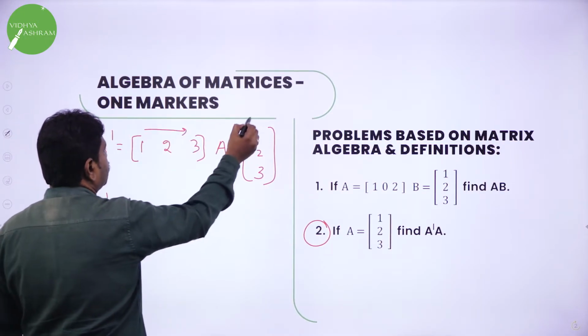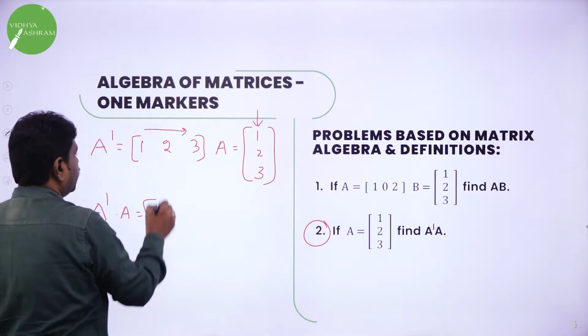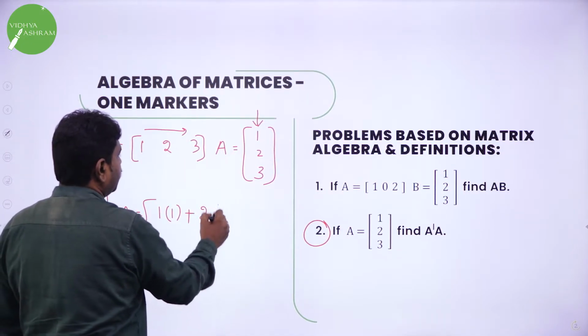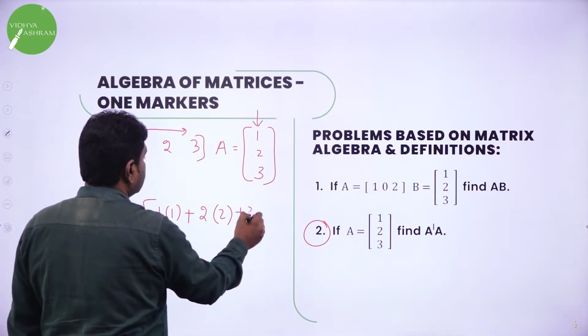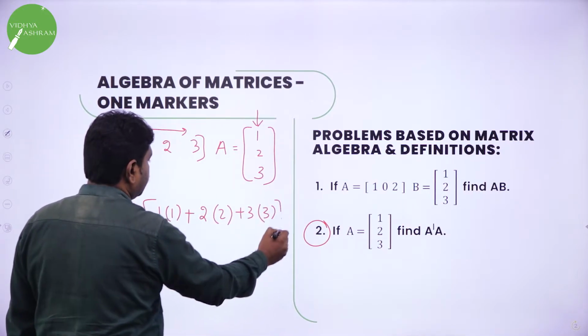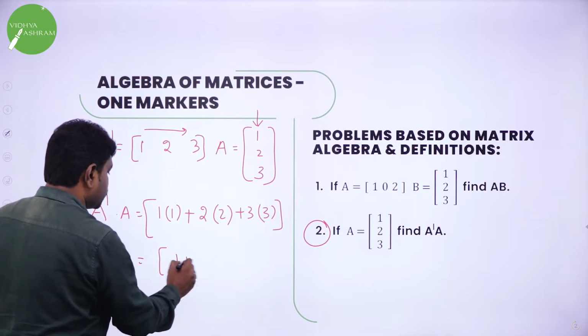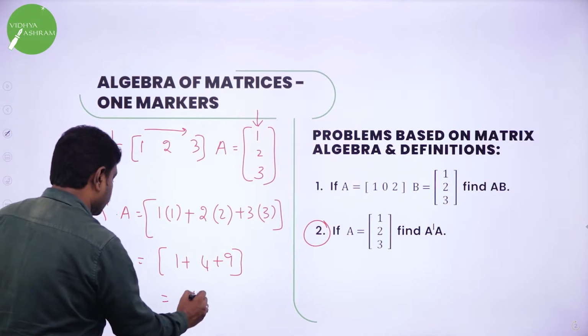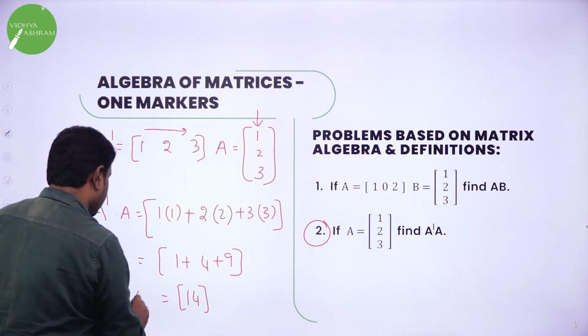First row with first column. Multiply this. So you will get first row first element into first column first element plus first row second element into first column second element plus first row third element into first column third element. Simplify this. You will get 1 plus 4 plus 9. So you will get 1 plus 4 is 5, plus 9 is 14. So now you got A dash into A.